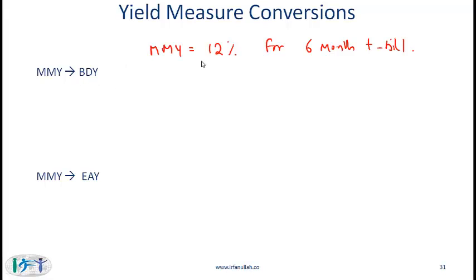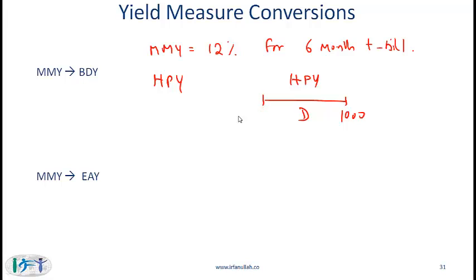The way you do this is, first compute the holding period yield. Given a 12% money market yield and given that you know the formula for the money market yield, you can compute the holding period yield. Then, recognizing the fact that if you have a par value of 1000 and you know the holding period yield, that means you can find the discount.